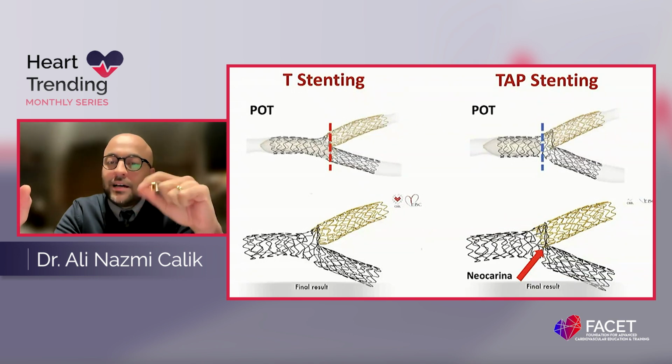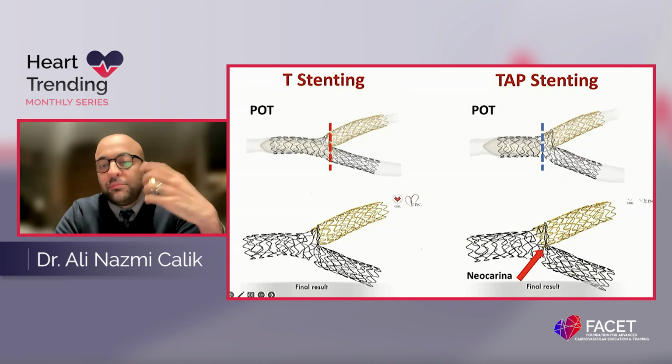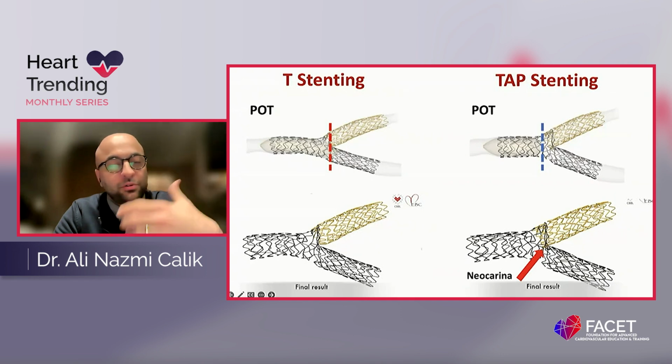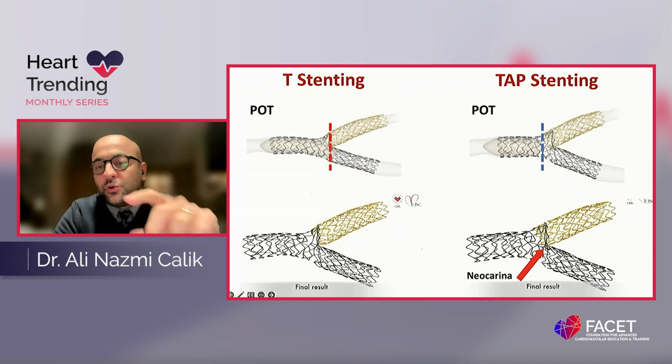But when it comes to the final POT, as we protrude the second stent to the main vessel slightly, we have to perform the second POT, or let's say the final POT, just before the second stent. Otherwise, we are going to probably ruin the second stent ostium, and we are going to crush it towards the side branch ostium.